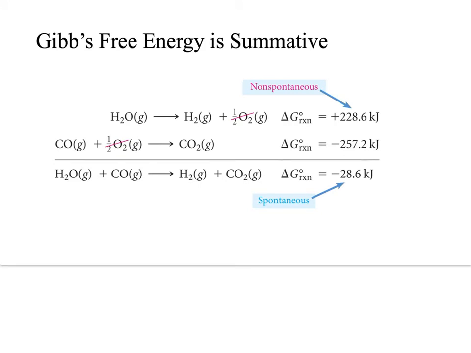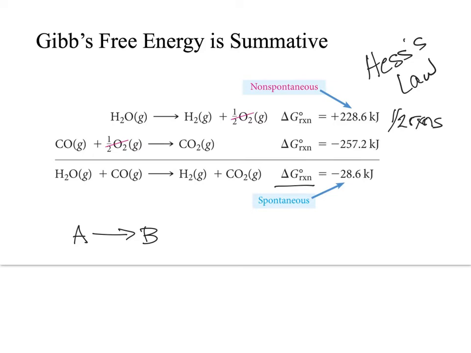Gibbs free energy is summative, just like enthalpy and entropy. And the name of this law, if you remember from the first semester, is Hess's law. So we can take two half reactions and sum them together. And then we can also take their Gibbs free energy values and sum those together. If we reverse a reaction, let's say I have A going to B and delta G is negative 31 kilojoules.